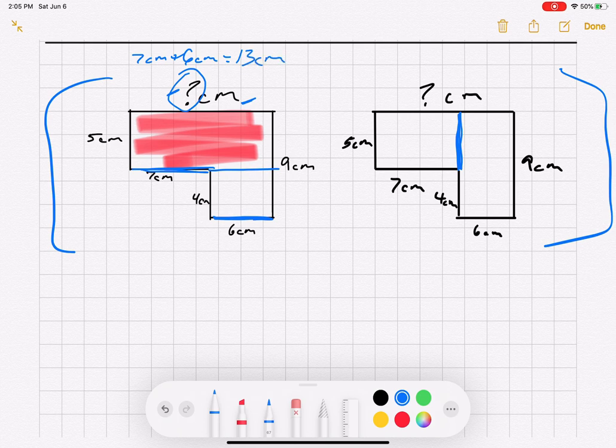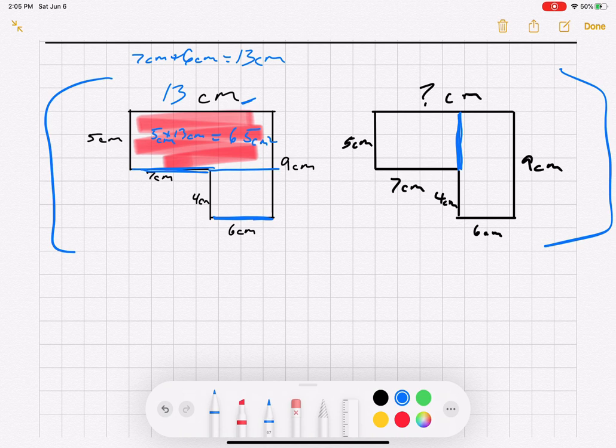So this side is going to be 13 centimeters. So now I can multiply. I have 5 times 13 centimeters. So it's 65 centimeters squared.